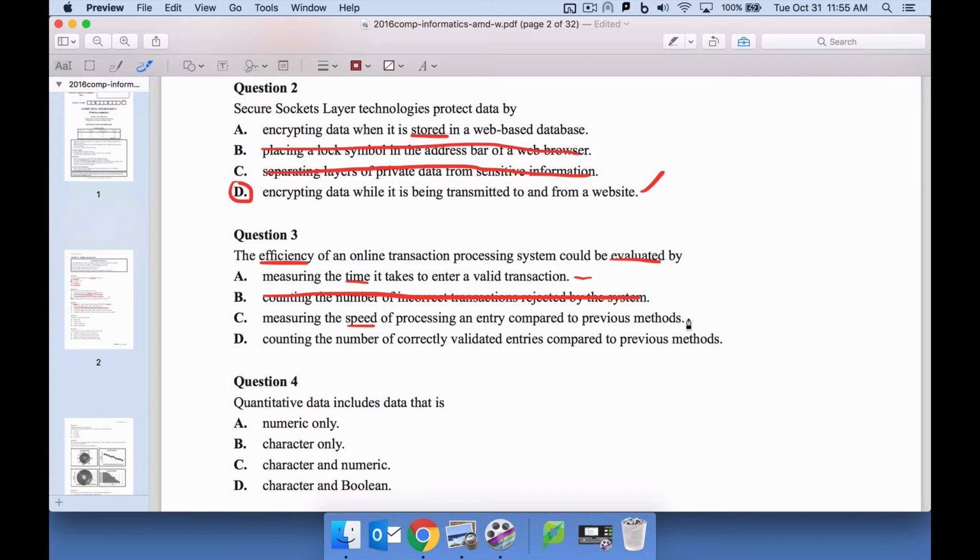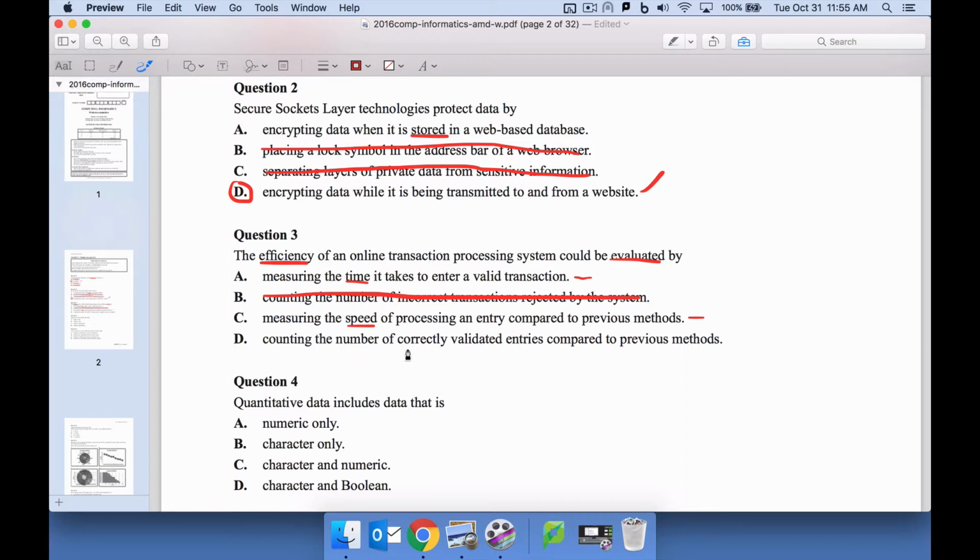This may be the answer. We'll hang on to that one, because this is talking about efficiency, the processing of an entry, and previous methods, which must mean they're evaluating, because that's what happens in the evaluation stage when you report on previous methods versus the new solution.